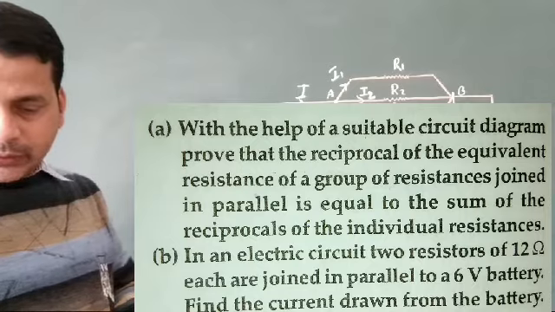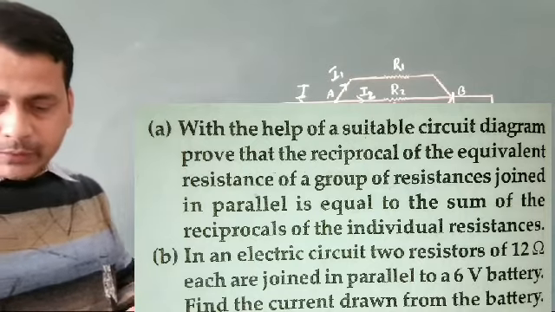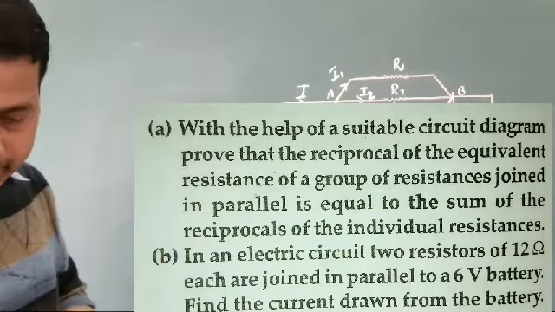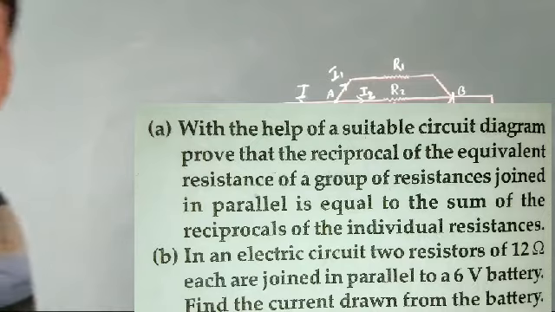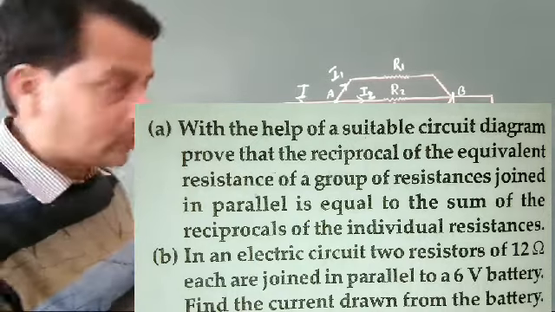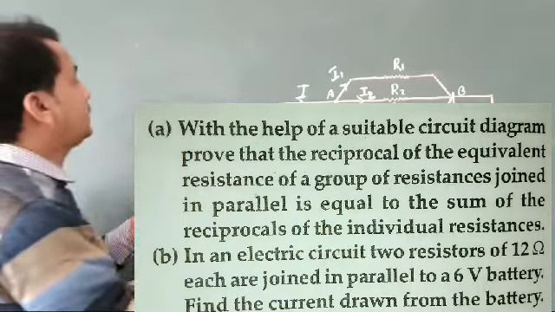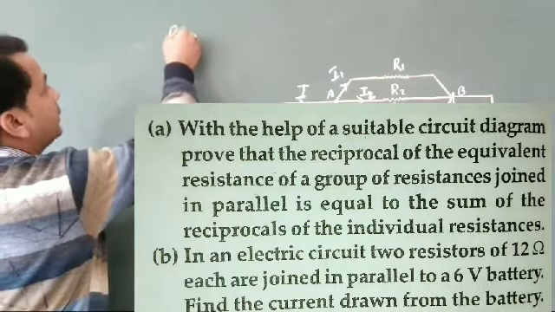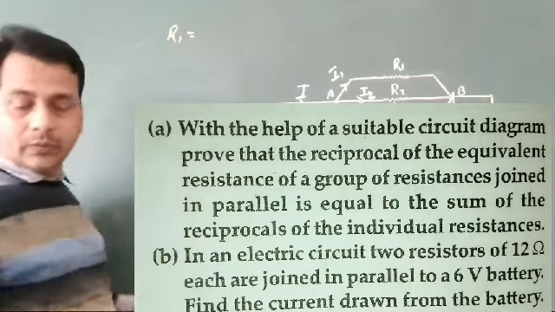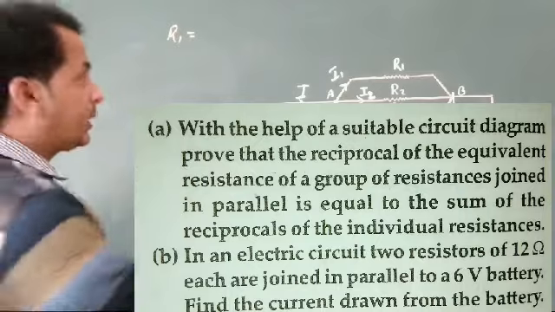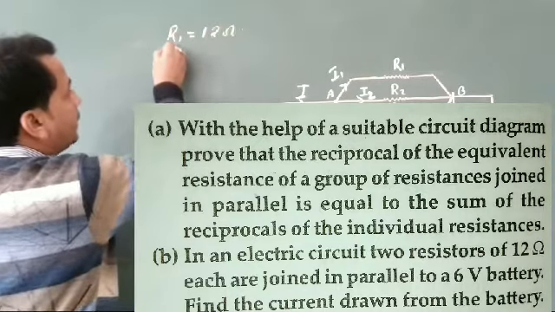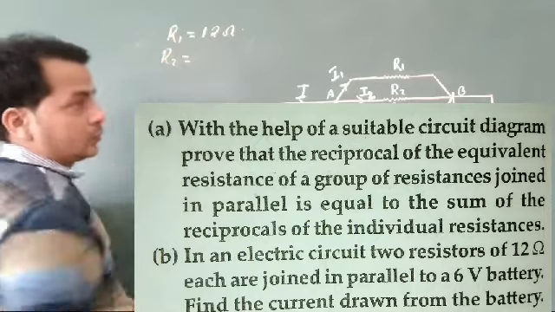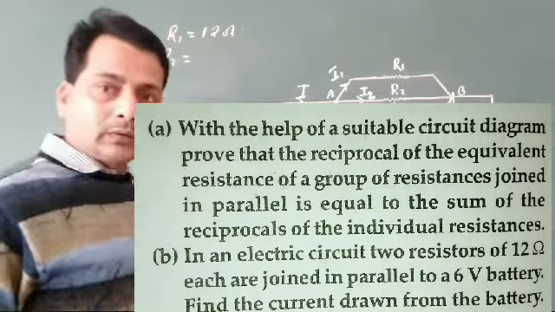Here each resistor is 12 ohms, means R1 equals 12 ohms and R2 also 12 ohms.